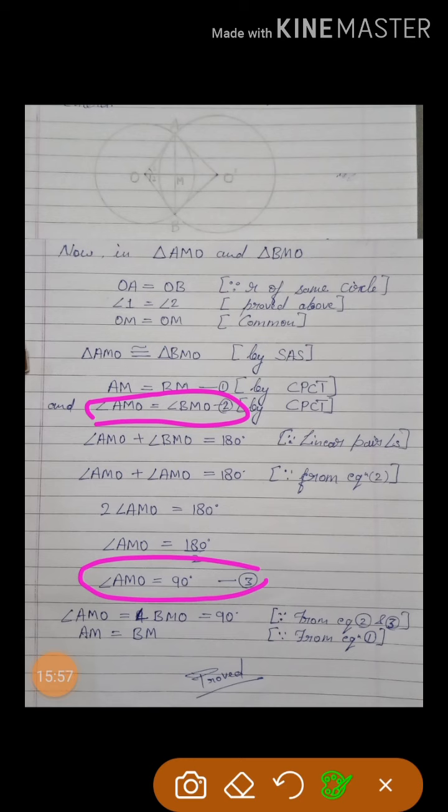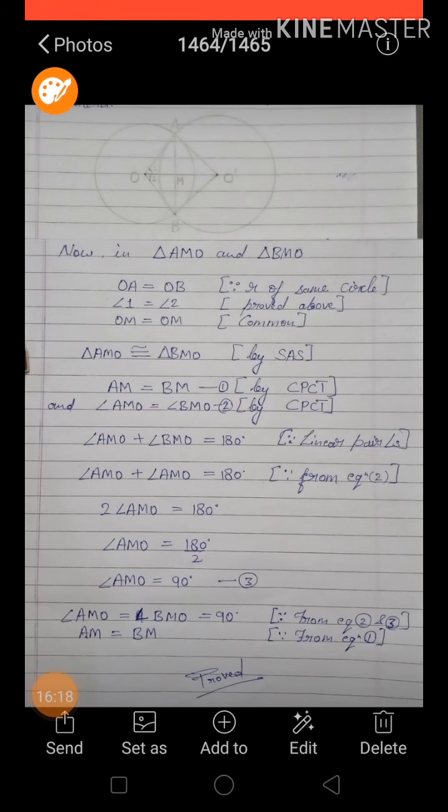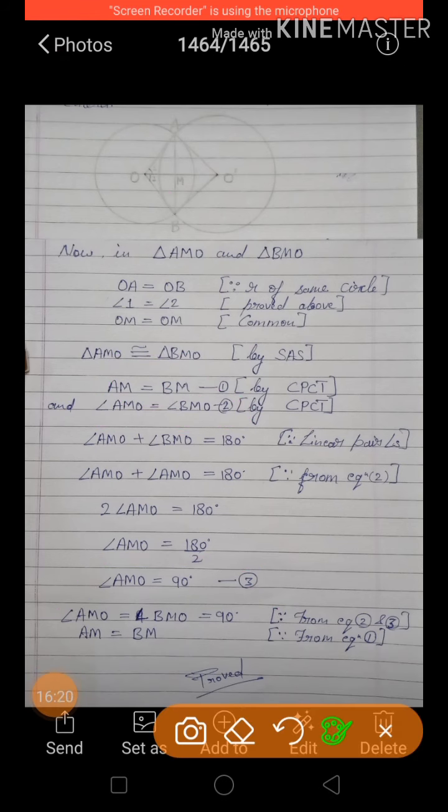So angle AMO is equal to angle BMO equal to 90 degrees. And from equation number 1 we have already proved that AM equals BM. So now we have proved that OO dash is the perpendicular bisector of AB, hence proved.